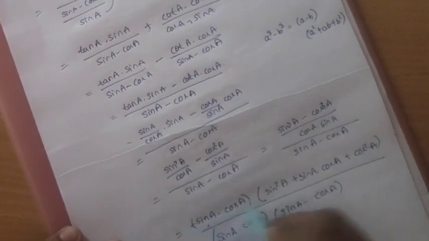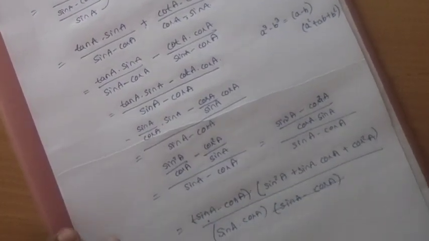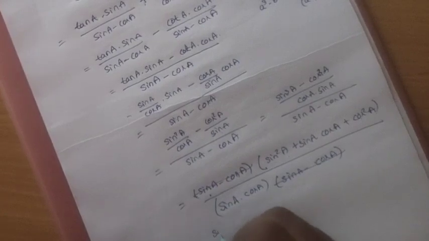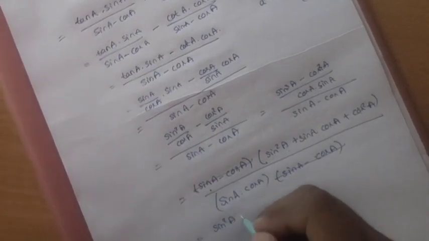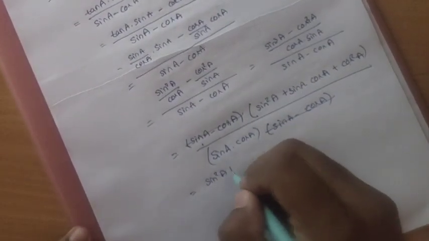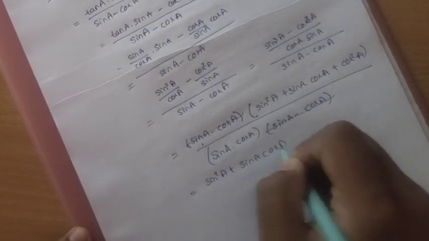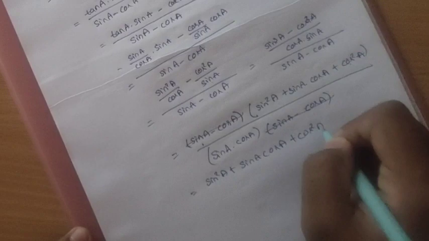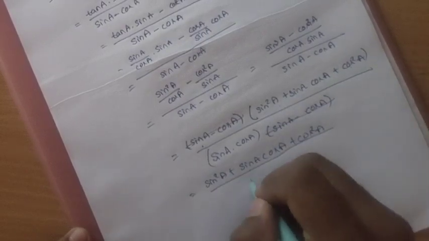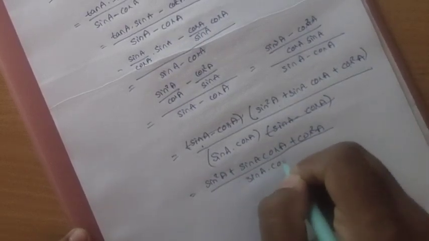So here if you observe, sin a minus cos a gets cancelled. The remaining thing is (sin square a plus sin a cos a plus cos square a) whole divided by sin a cos a.